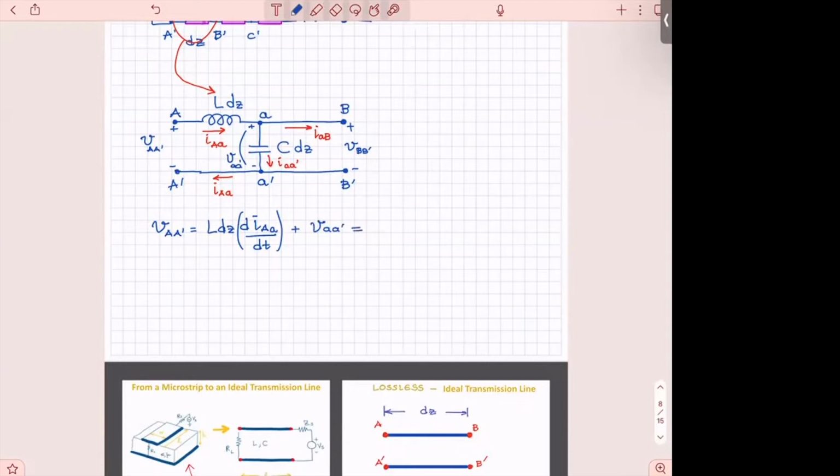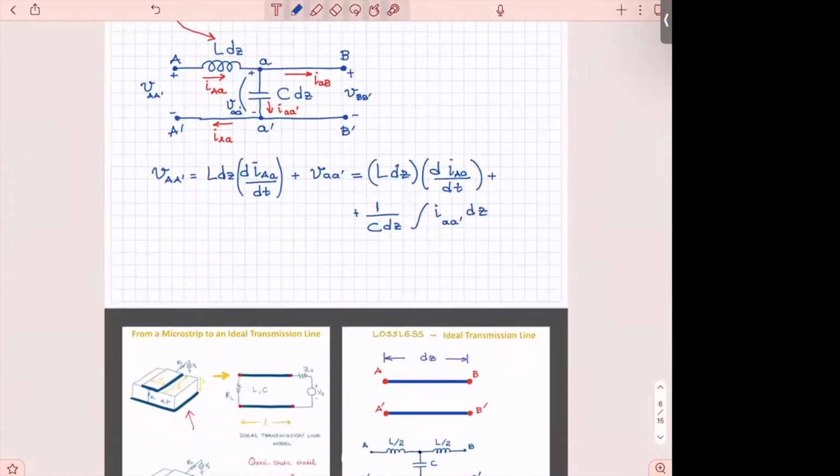And then it's going to be plus V B prime, which in fact is going to be L dz dI A/dt, plus how much is the voltage across a capacitor in terms of the current: it is going to be 1 over C dz, integral of I A prime dz.